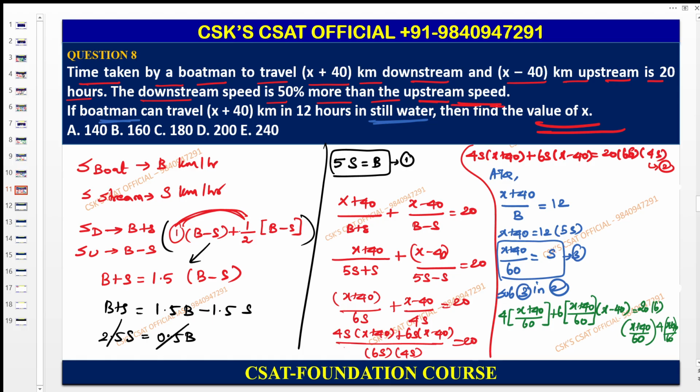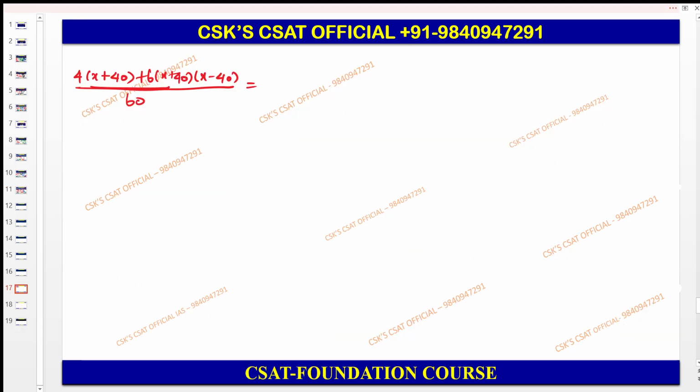So s is nothing but x plus 40 by 60. Again 4 is there, please understand, 4 is there, and again x plus 40 by 60.